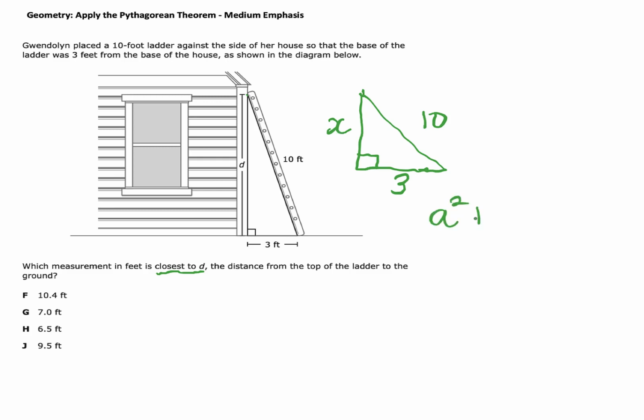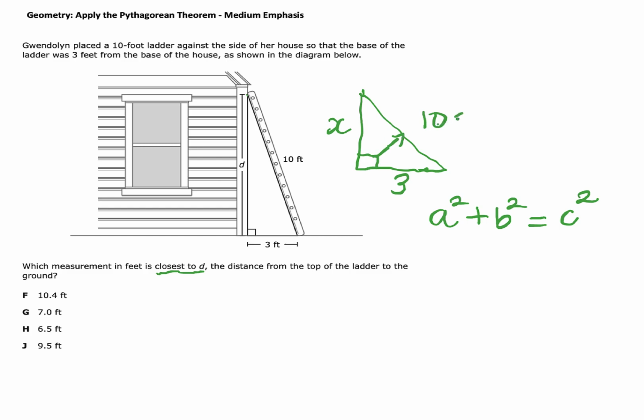A squared plus B squared equals C squared. Now, you got to figure out who's A, who's B, who's C. I always try to identify C first. And C, I find that because the right angle always points to C, which is 10.